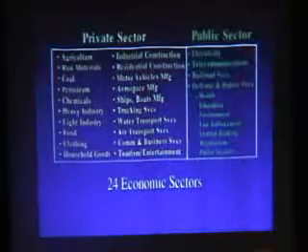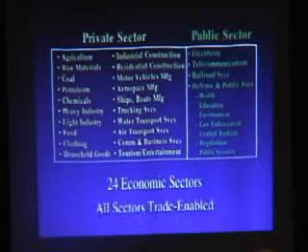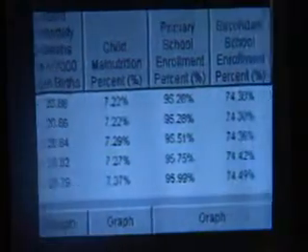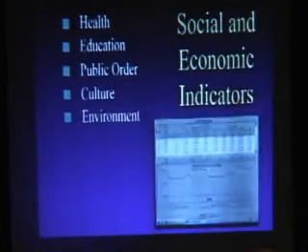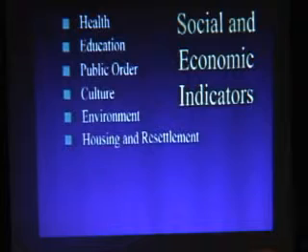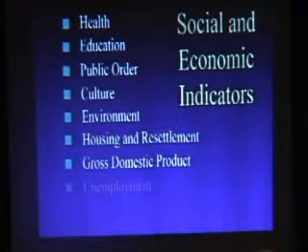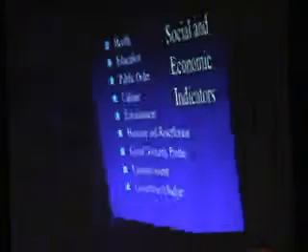All sectors are connected to the international economy. Government has control over taxes, tariffs, and investments by the private sector on a sector-by-sector basis. Participants are provided with instant information about changes in social welfare and economic conditions, including health, education, public order, culture, environment, housing and resettlement, gross domestic product, unemployment, and government budgets.